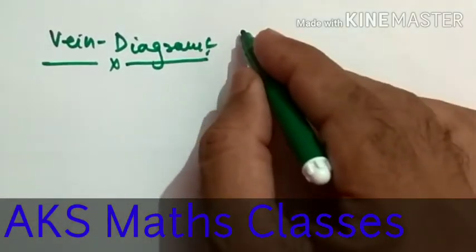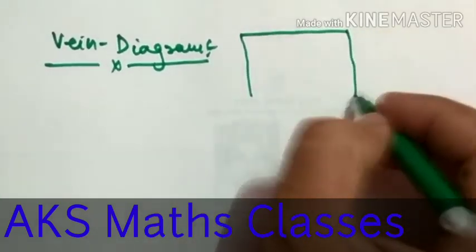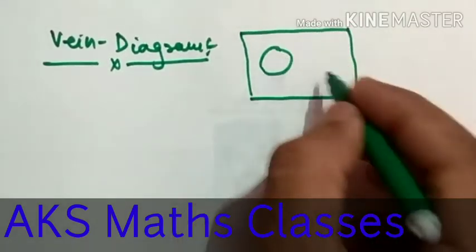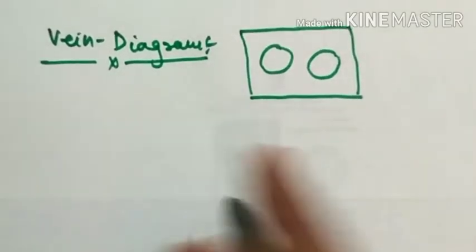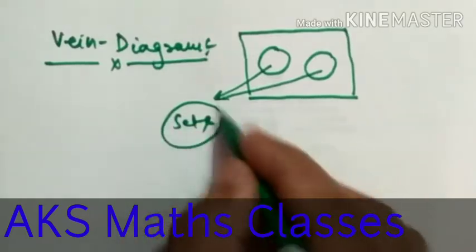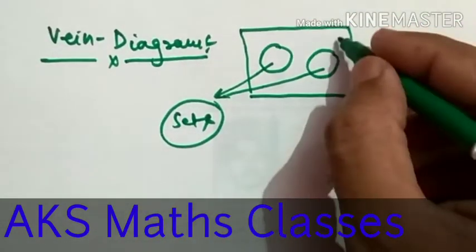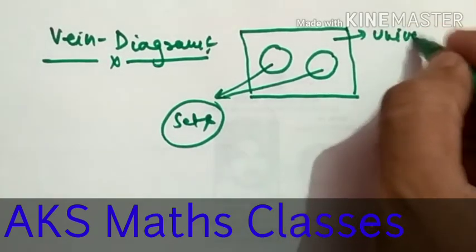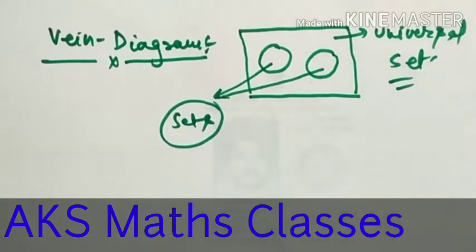The first is this rectangle, and the second is circles. Inside this rectangle, we draw some circles. These circles show the sets, and this rectangle portion is used for the universal set. Is it clear?